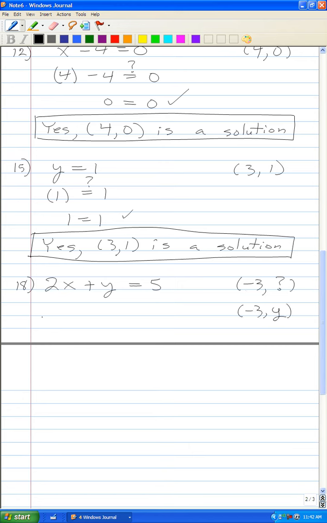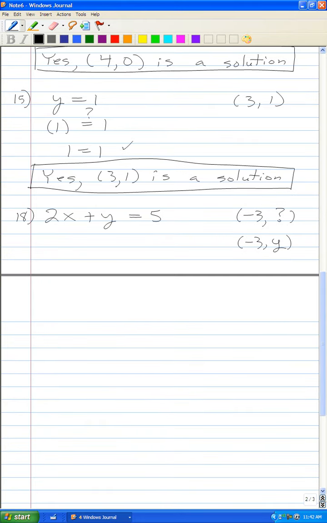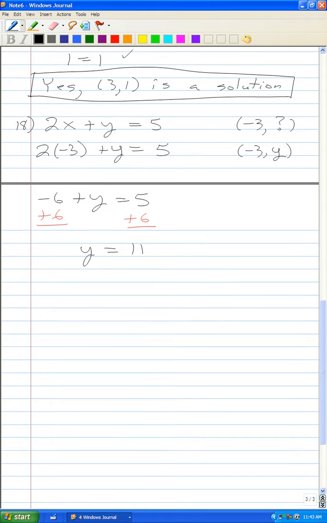So I have x is equal to negative 3, y is just y. And so I have that 2 times negative 3 is a negative 6, plus y is 5. Add 6 to both sides of my equation in order to solve for y. So y is equal to 11. And so the ordered pair that solves this is the ordered pair (-3, 11).